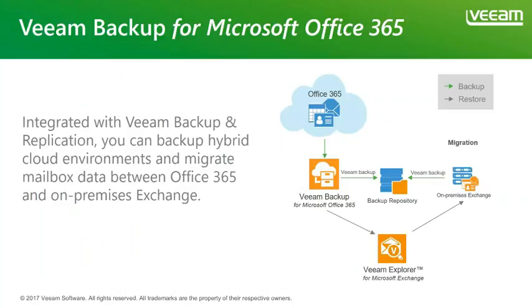And with this approach, we're able to integrate with Veeam Backup and Replication. You can back up a hybrid cloud environment and migrate mailbox items, migrate your database mailbox emails between Office 365 and Exchange without any kind of problems. And as far as it's fully integrated with Veeam, it's really easy to use.